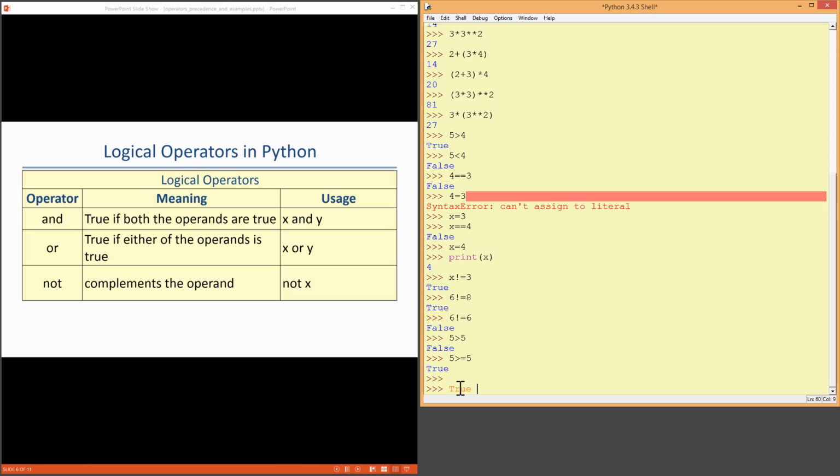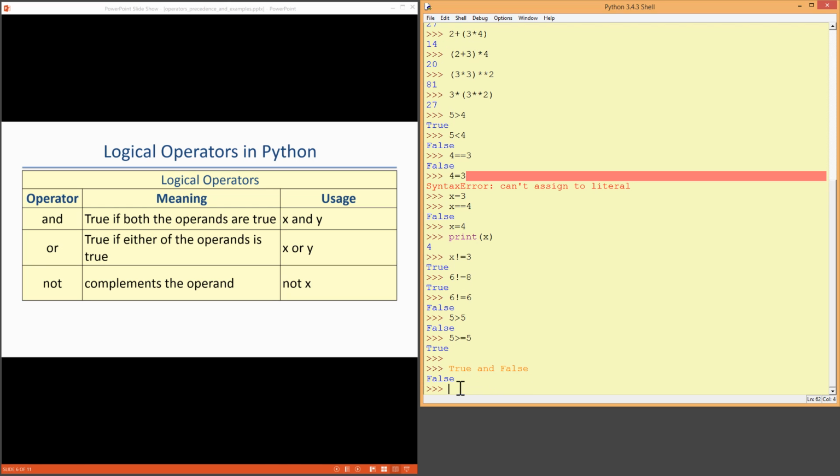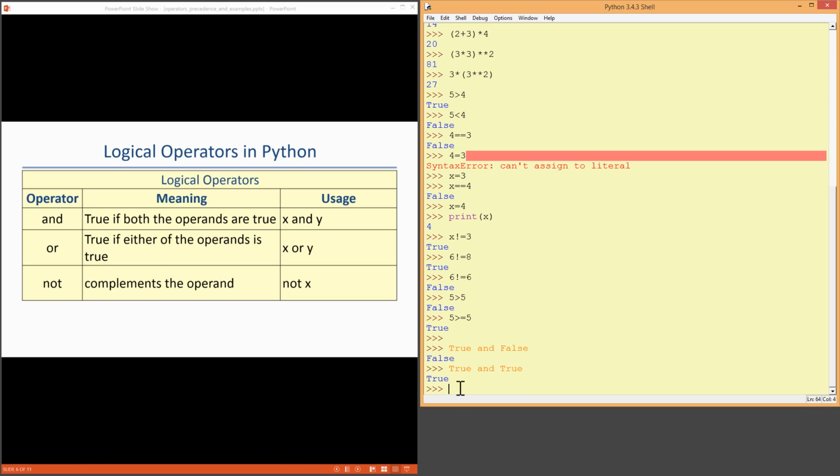If I say True and False, of course the answer would be False. If I say True and True, the answer would be True, of course. A numerical example of this is if I say, is 5 greater than 4 and 3 greater than 7? So what do you think the answer for this would be?